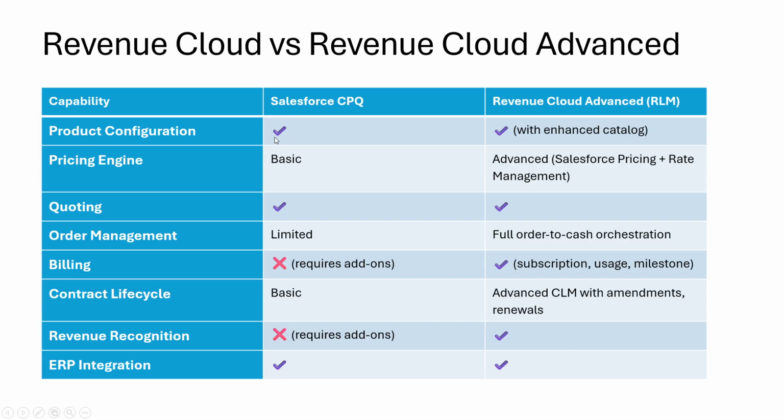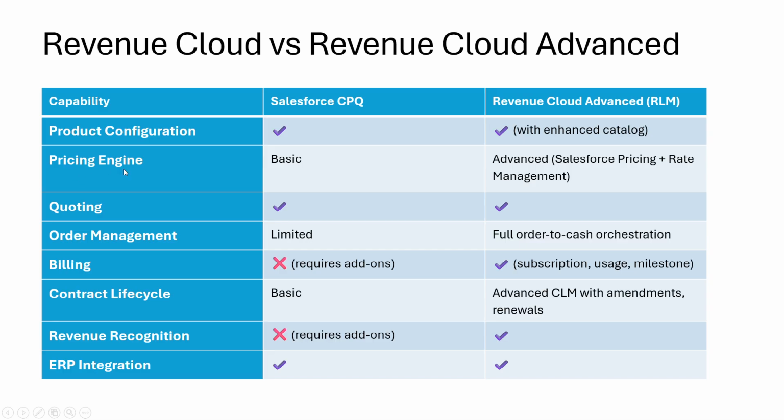You can configure bundles, nested bundles, and write some rules around the configuration, which help the sales rep with better selection of products. But with RCA, you are going to get advanced features, where it comes with an advanced product configurator, where you have better control of writing rules around product configuration along with enhanced catalog support.